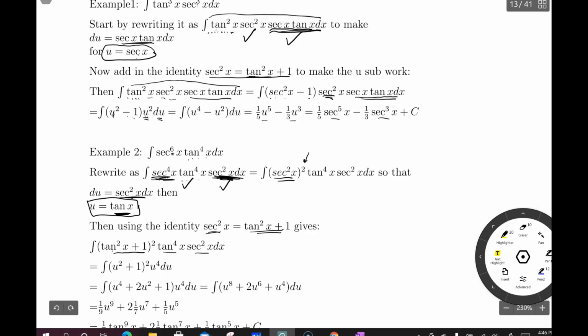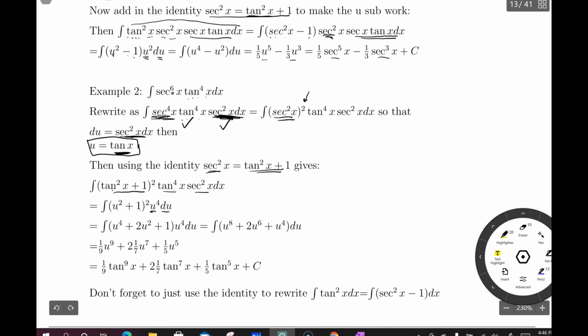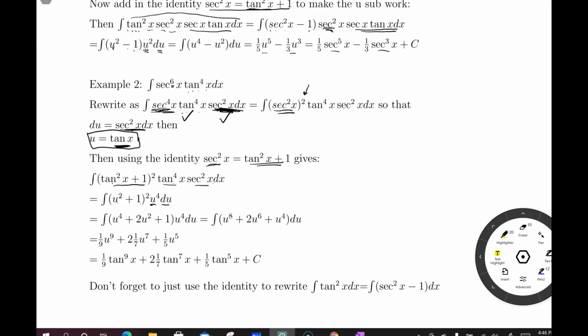So I put u in for tangent, so I get u squared plus 1, all squared. This is tangent to the 4th, and this is du. So be careful that you're not doing bad math. So this squared, I get this squared, this times 2, the middle term, and then this squared gives me this, and then u to the 4th carrying along.